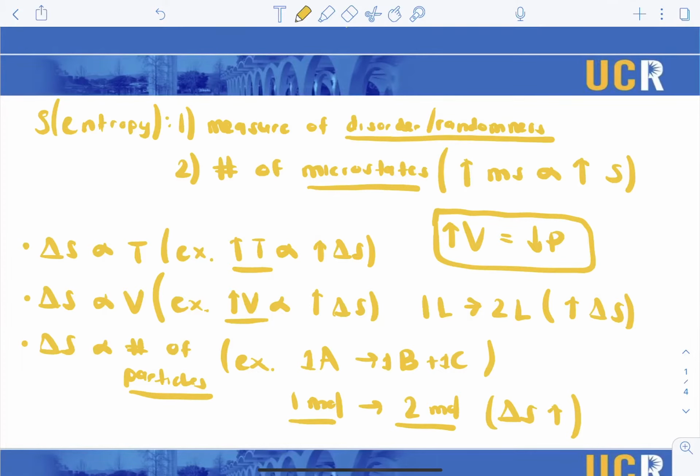Now moving on, another topic to discuss is what is spontaneity and how does it relate to entropy. This is a bit interesting, I think. The key idea that the second law of thermodynamics tells us is that a spontaneous reaction is always going to have a delta S universe that's greater than 0.